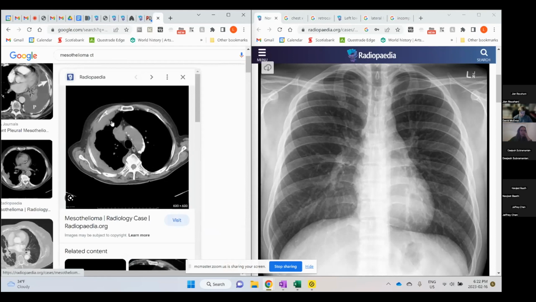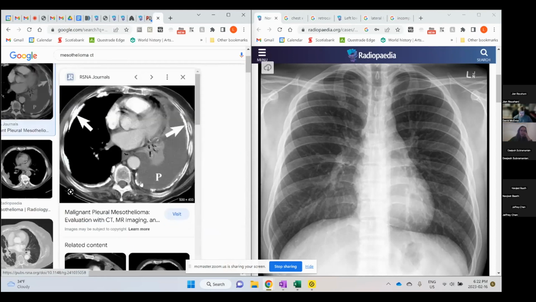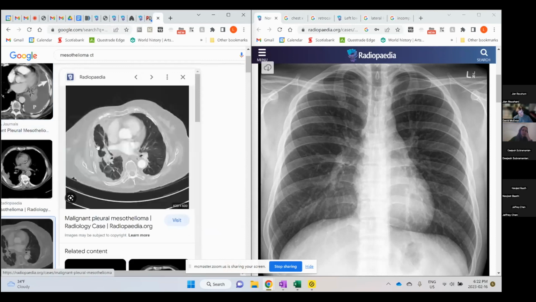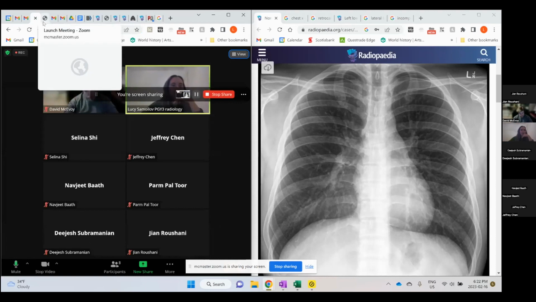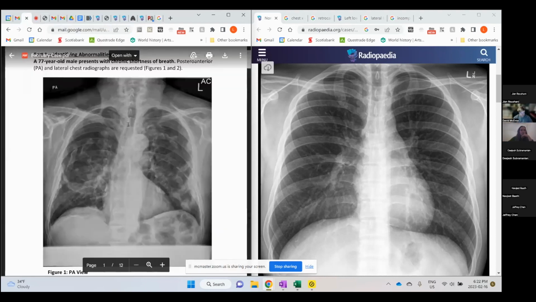So this is malignant, and usually they have effusions too. This is a really great example because they have the calcified pleural plaques. You can't really see the thickening too well, but there is a malignant pleural effusion. And in this picture, you can see that the lung is shrunken compared to the other one.